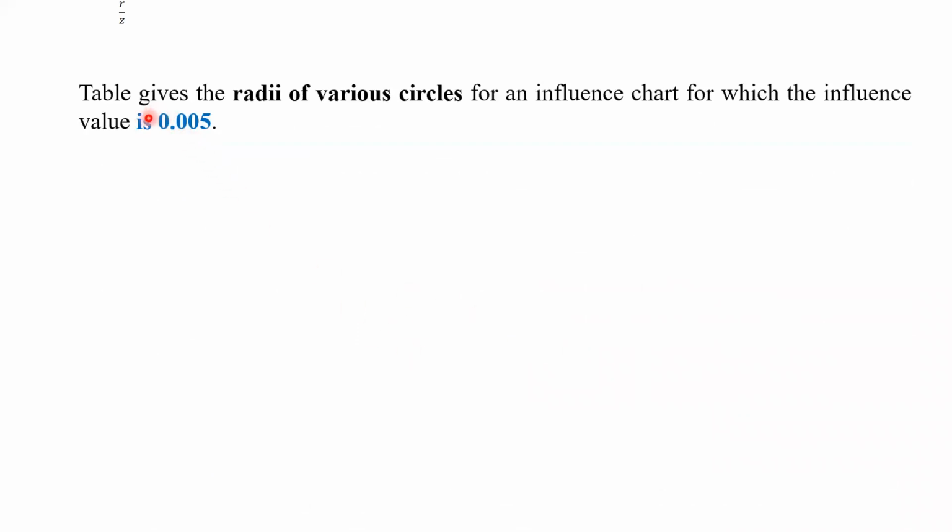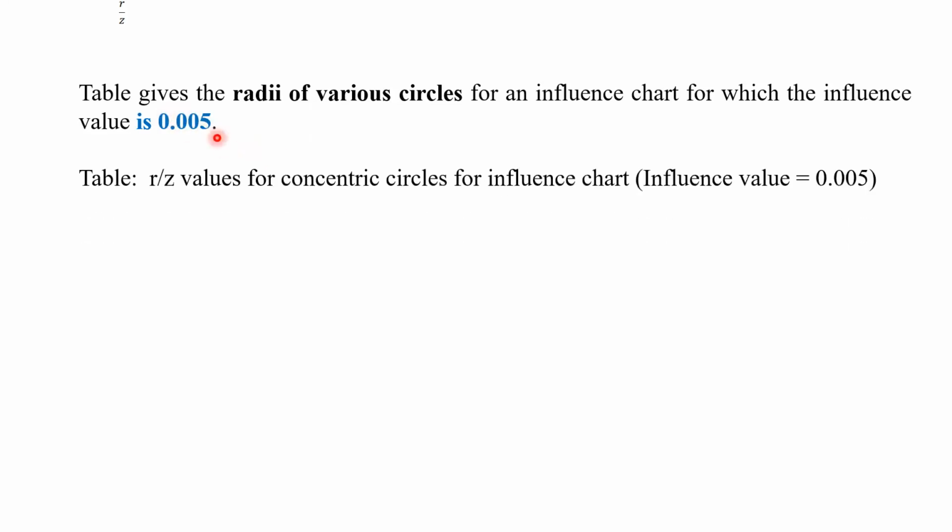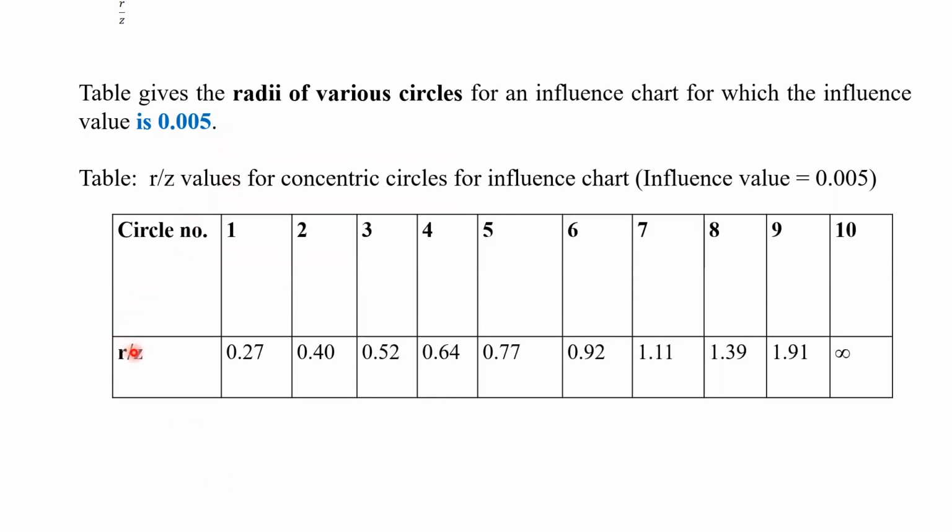You can see this table, how we can draw the concentric circles R1, R2, R3. This is the first circle, second circle, and this will be R1 by Z, R2 by Z, R3 by Z, R4 by Z, R5 by Z. R1, R2, R3 change because Z remains fixed, the depth at which you want to find the vertical stress.